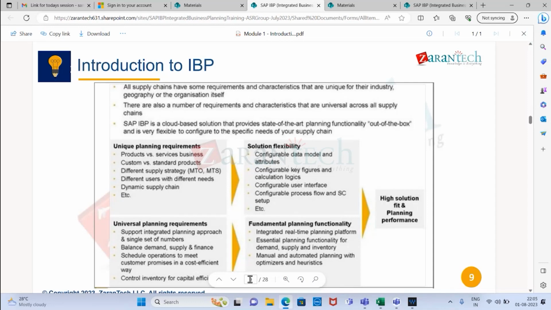So talking first about the unique planning requirements. These unique planning requirements depend upon each organization. Some organizations are product driven, and their core strength is their product, the quality of the products.